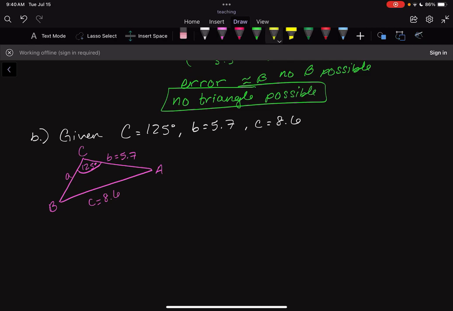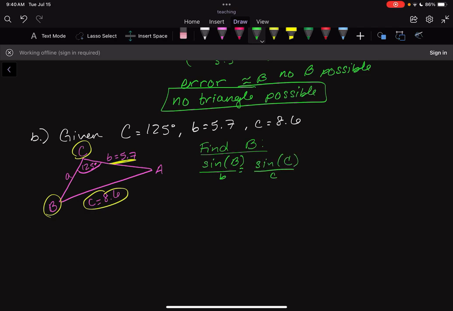So again, we only have one option that we can use. I have a fully developed ratio of C across from C, and then I have side B, so I can go find angle B. So that's what I'm going to do first. I'm going to find angle B. So to do that, I have sine B across from B, and I have sine C across from C. So I plug everything in.